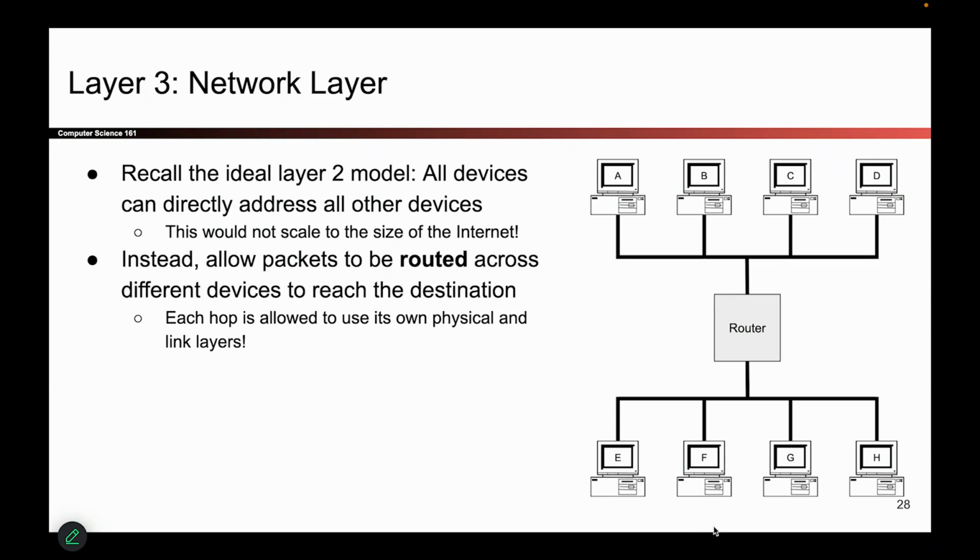So this is great. This allows us to connect up local networks using just a single router. And if I repeat this trick enough times, I can get the entire internet connected. And that's a great thing.